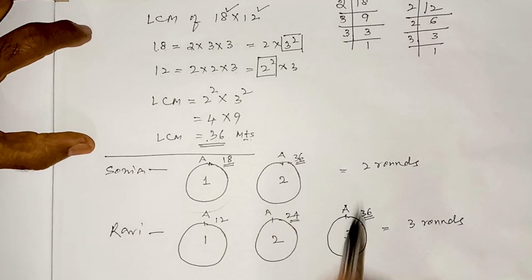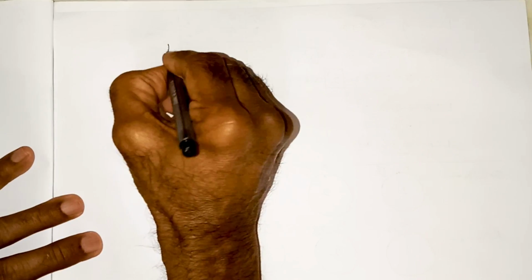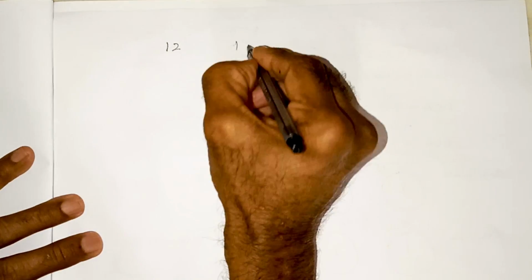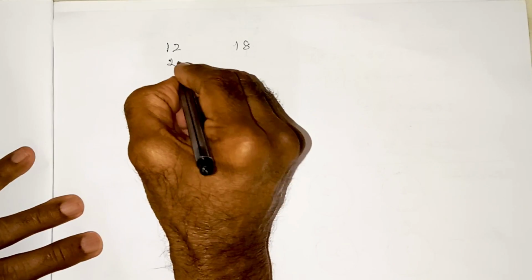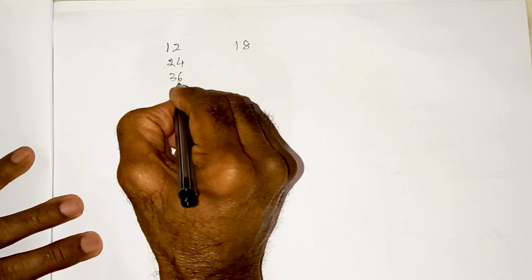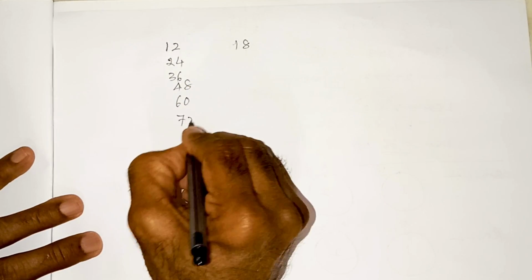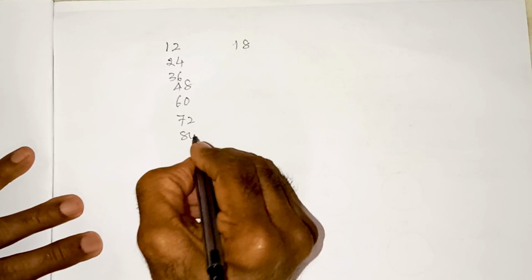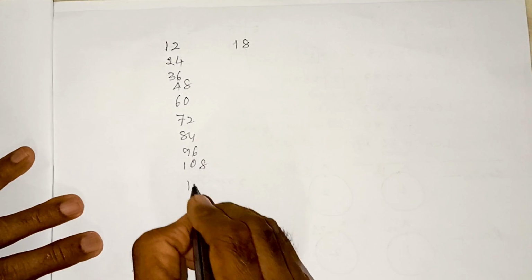This is one way of explanation. Another way is, let us take the tables, the 12 table and the 18 table. You know very well the 12 table has 24, 36, 48, 60, 72, 84, 96, 108 and 120.